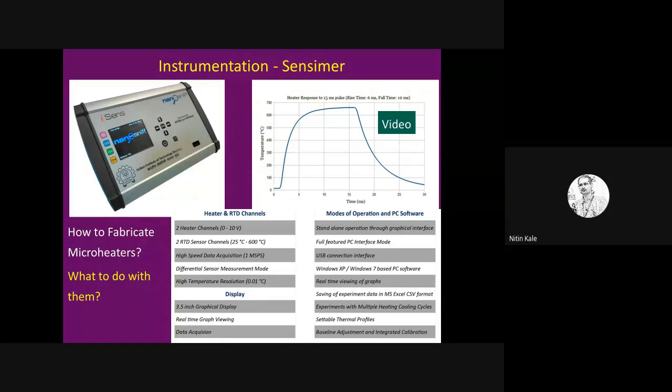What could be interesting for you is something like this. If you put a grain of salt on the micro heater membrane, then the thermal mass of the micro heater increases. So it will take more time to heat up, right? So the rise time is going to be more.